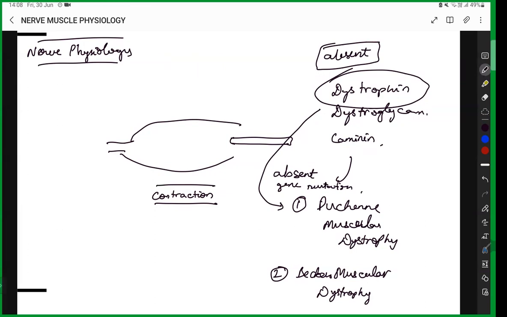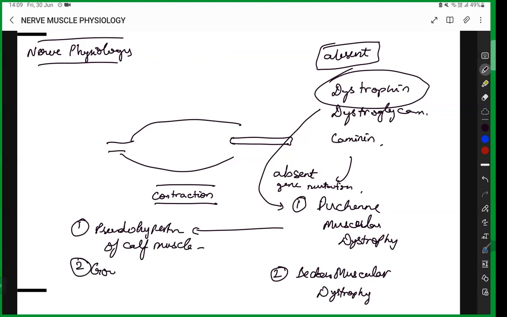What happens in this? There is absence of dystrophin protein. Because of it, you will have the following symptoms. Number one, pseudohypertrophy of calf muscle. Number two, Gower's sign.